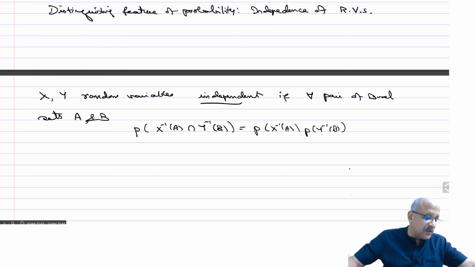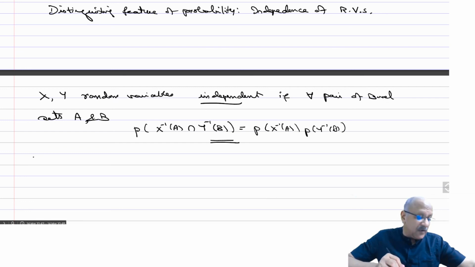Whether the random variable X takes value in A is independent of the fact that the random variable Y takes value in B. That's all. This is what we call independence of random variables.